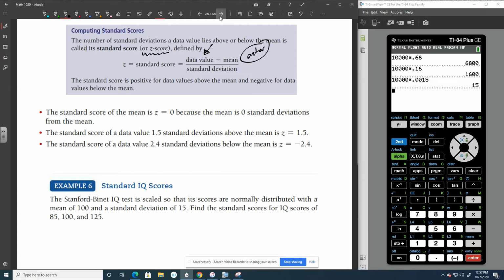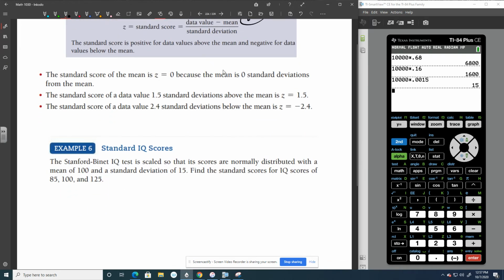So for example, the standard score of the mean is 0 because the average is 0 standard deviations away from the mean. The standard score of a data value 1.5 standard deviations above means 1.5. 2.4 standard deviations below means -2.4, okay? So for example, IQ scores. The Stanford Binet IQ test is scaled so that scores are normally distributed with a mean of 100 and a standard deviation of 15.